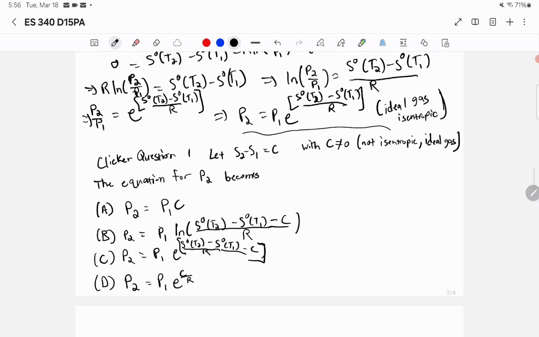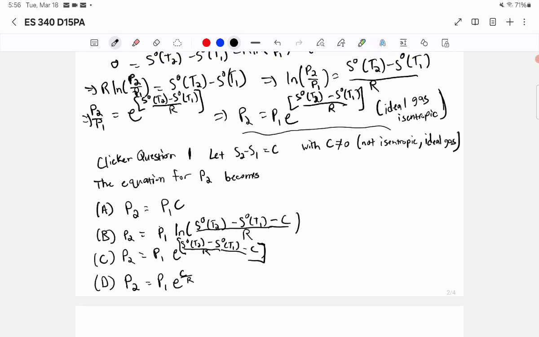Which is kind of a cool relationship. Okay, so I'm going to have our first clicker question here. Let's assume that it was not isentropic, so entropy is not constant, but that S2 minus S1 is equal to C, where C is not equal to 0. Then what does the equation change to in that case?